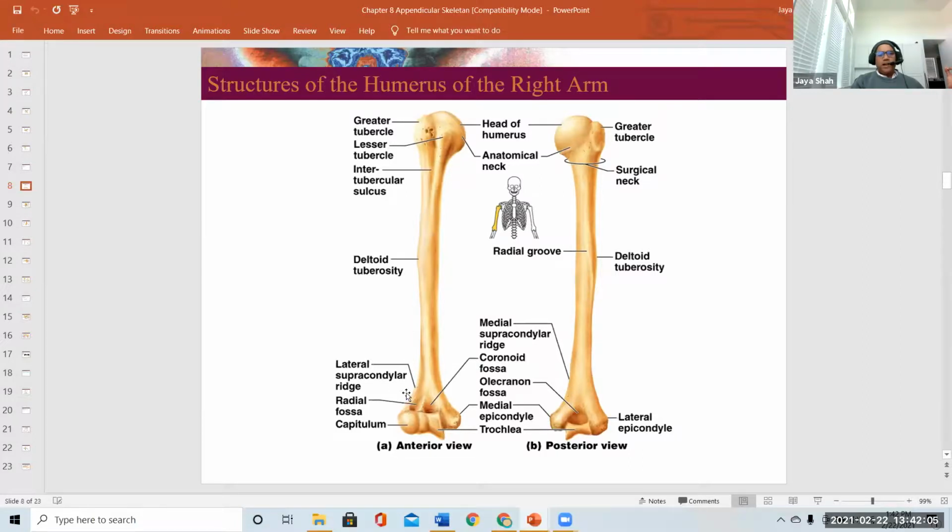And here, lateral, the capitulum, coronoid fossa, and lateral and medial condyles. And then olecranon fossa. Okay. So for these fossas, you're going to see which one fits with which later when we see articulations.